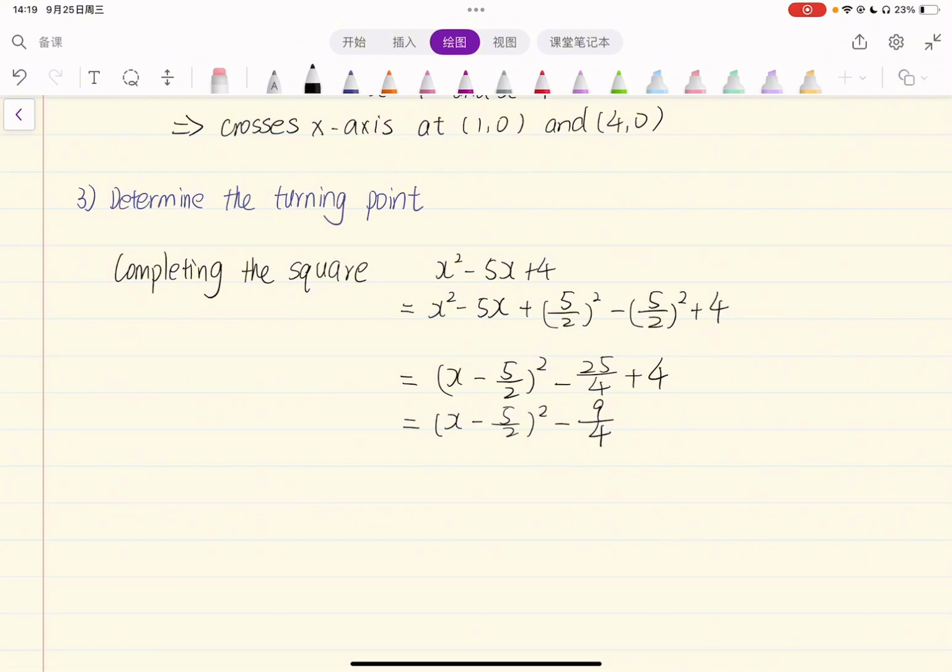Thus we have the turning point, which is also the minimum point, at 5 over 2, minus 9 over 4.